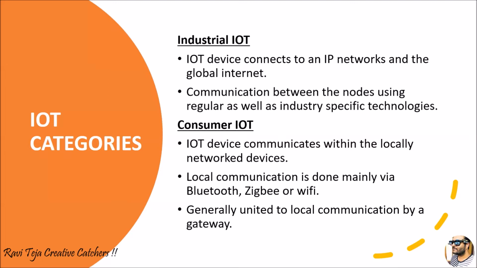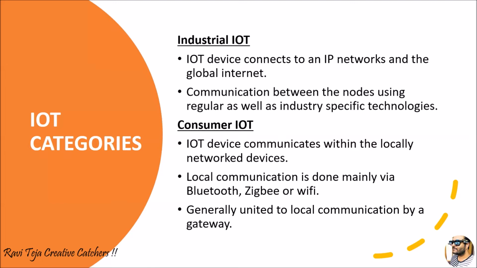And communication between the nodes. Nodes can be between the machineries, or between industry and industry, or between a machine and a machine. Within the industry, I'm talking about huge cooling industries, huge automated machineries, or it can be anything.